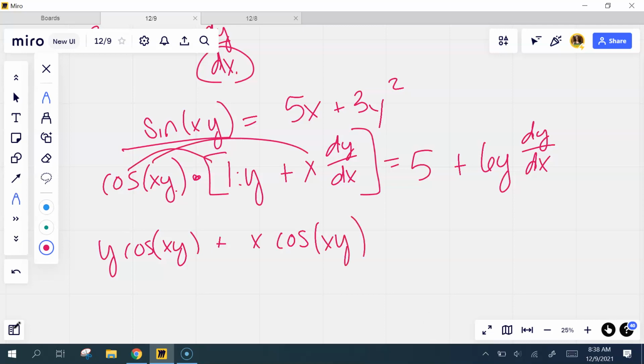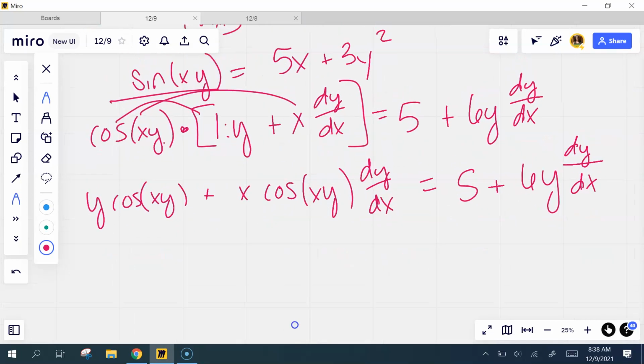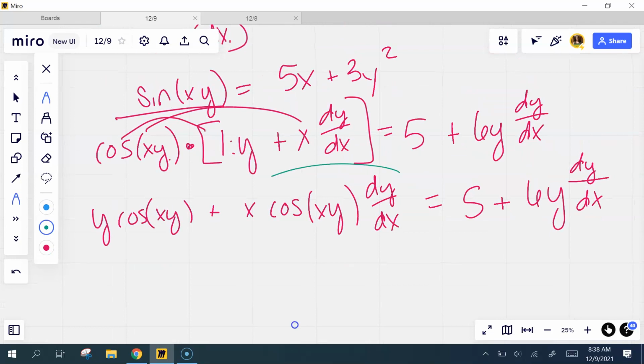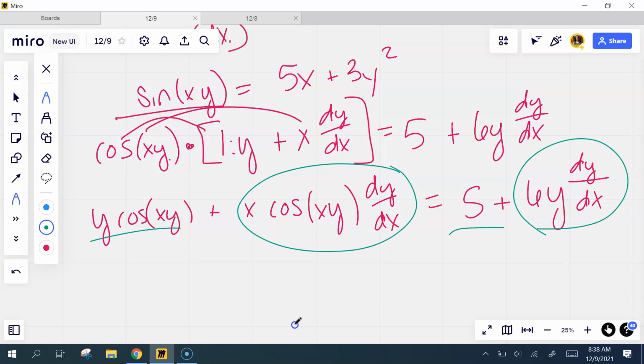I could have divided by cosine xy, but I still have dy/dx on this side. Now I'm going to move all the terms. You may have done this a different way, and it may be a little bit easier. I'm just doing the way my kooky brain thinks as I try to get these on the same side. So my goal is to get this term and this term together on the same side, and then this one and this one together on the other side.